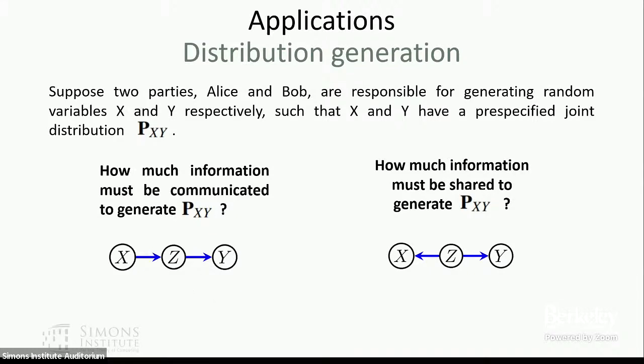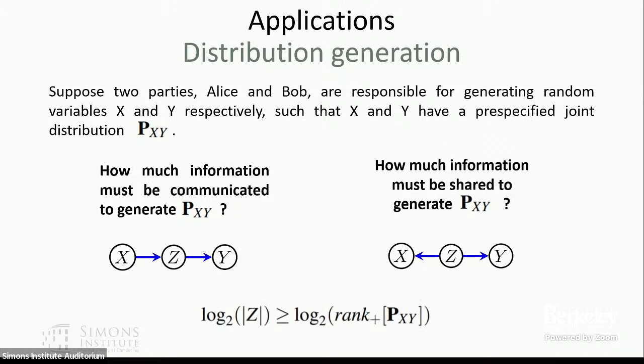The question that we are asking is: what is the cardinality of this common cause such that X and Y have this pre-specified probability distribution? In both of these graphs, of course, Z d-separates X and Y. So these two questions are very much related to each other, and we can use the corollary to get the answer right away.